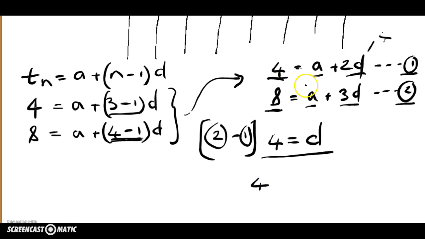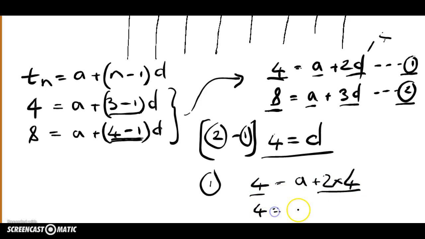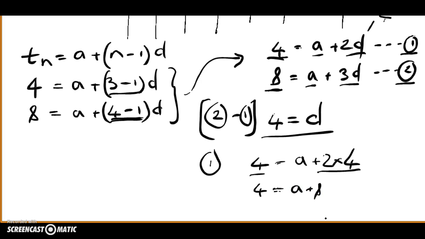So I'm rewriting equation 1. 4 equals a plus 2 times 4, not d anymore. 2 times 4 is 8. 4 must equal a plus 8. Can you say that a has to be minus 4? Minus 4 plus 8 gives 4.